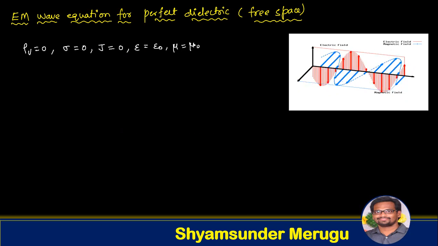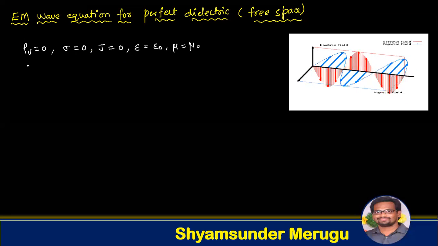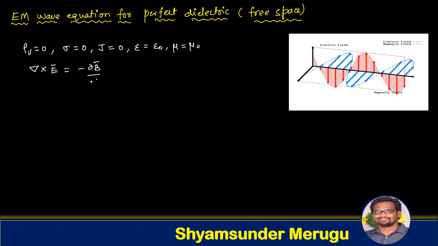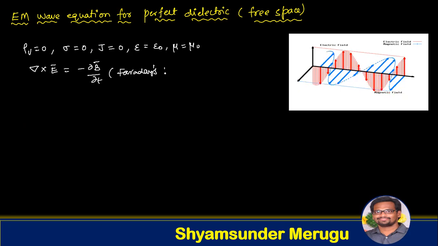As we know, Maxwell's equations are the sources for the generation of the electromagnetic waves. So let us start the derivation with Maxwell's equations. The Maxwell's equations, whatever we are writing here, are written by keeping the free space in our mind, so that the Maxwell's equations become: del cross E bar is equal to minus dou B bar over dou t, and this is derived from Faraday's law.